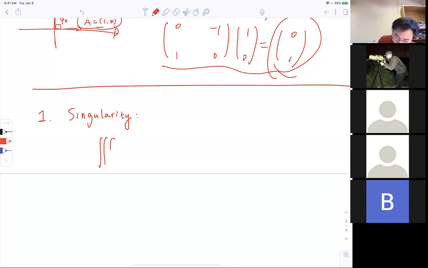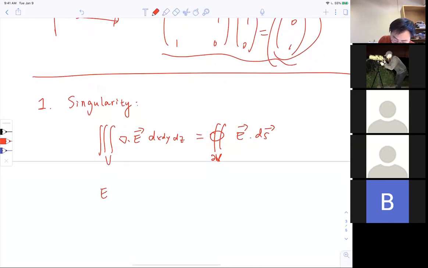So let's write it down again. It's the triple integral of the divergence of E dx dy dz, equal to the double integral of E dot dS over the closed surface.